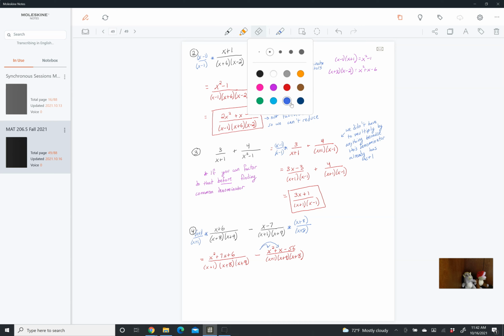So I'm going to put in an extra step for everybody. You can theoretically skip this step and just combine like terms, but if you skip the step that I'm giving you right now, then you have to make sure that when you combine them, you still are distributing, okay?